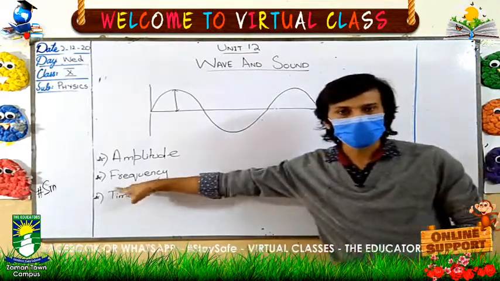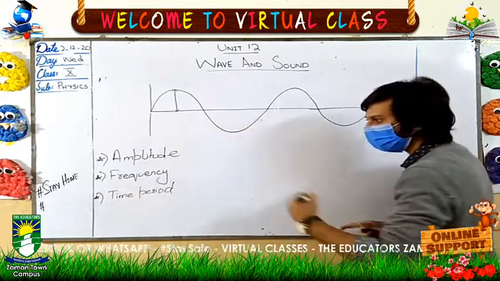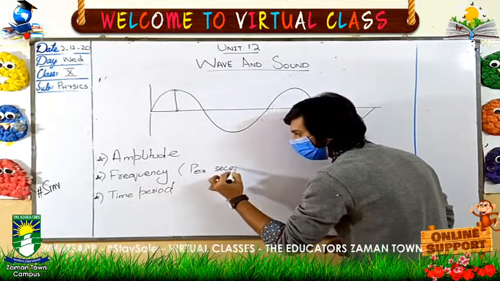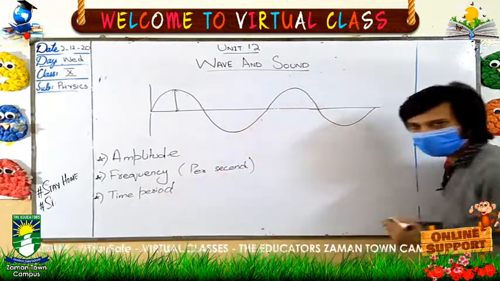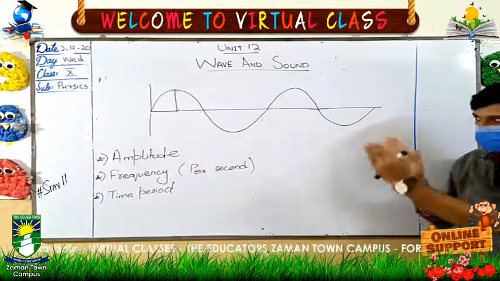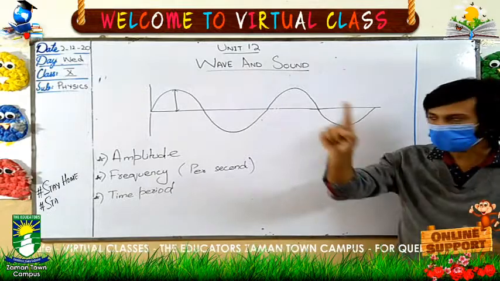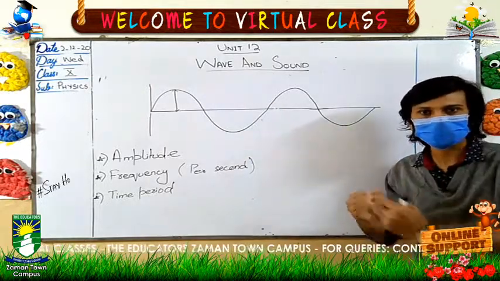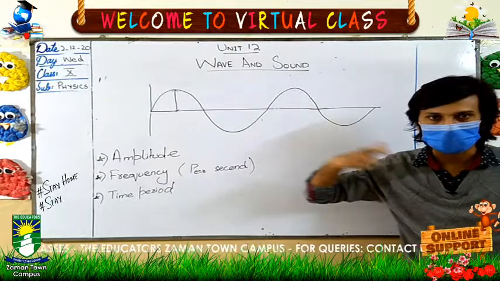First, I am talking about the frequency. Frequency must always be per second. It means, just suppose this is a wave and this wave is forming in 1 second. So how many cycles are forming in 1 second? Meaning how many cycles the wave does in 1 second.